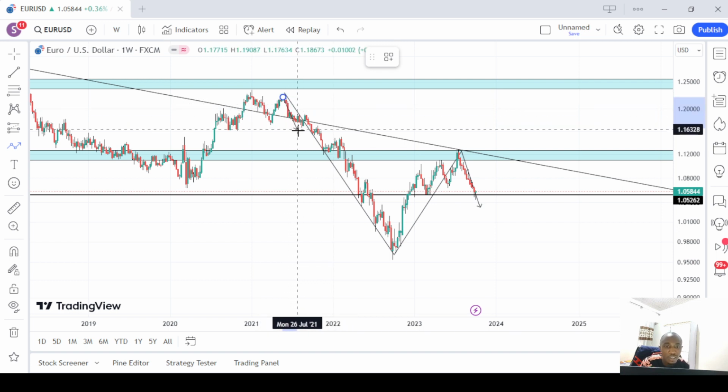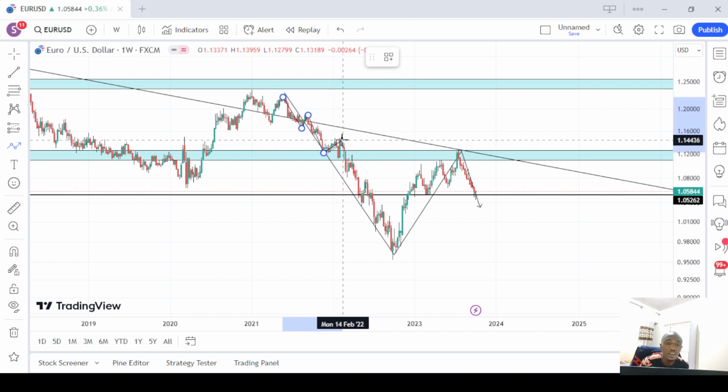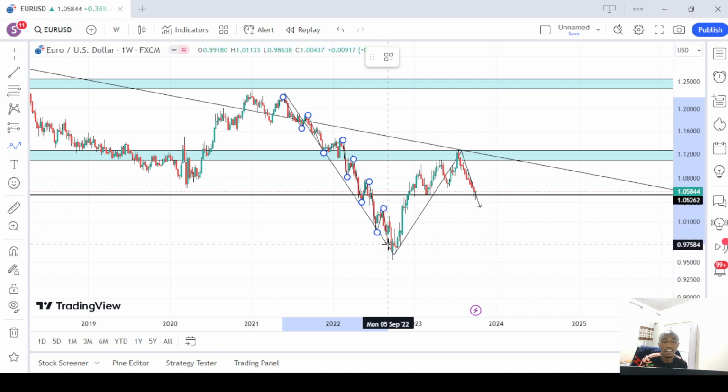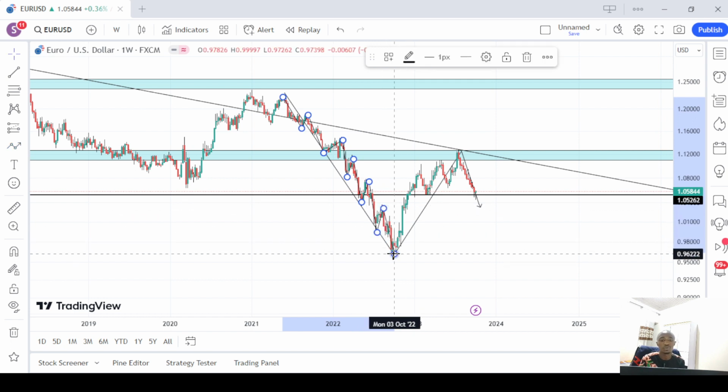You see sell, you see lower highs here, lower lows here, lower highs here, lower lows here, lower highs here, lower lows here, lower high, lower low, lower high, lower low.